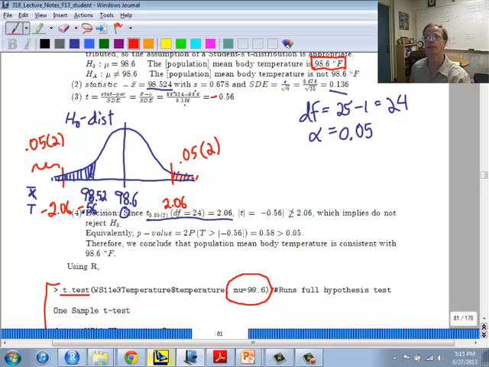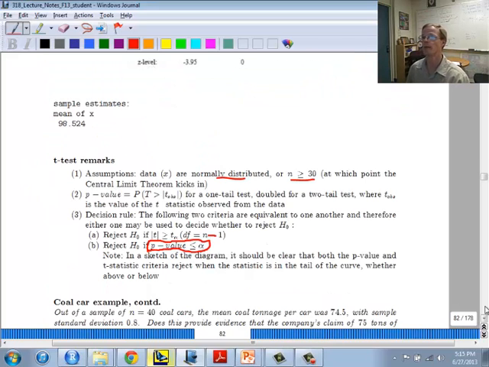We had to go, oh okay, it's negative because we're on the left. We got a negative 0.56 from our statistic. But if we just take the absolute value of that negative 0.56 and compare it with the 2.06, then if it's bigger, that means it's going to be farther out into the rejection region. We reject. If it's smaller, we accept. This gives us a simple little rule if we use the absolute value.